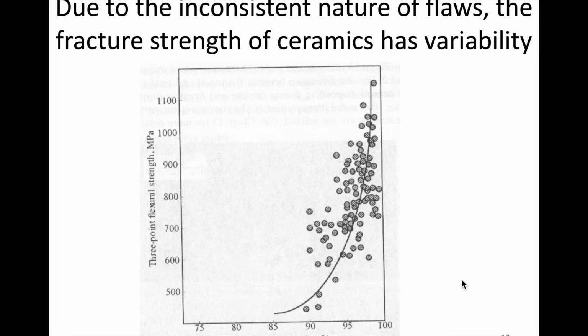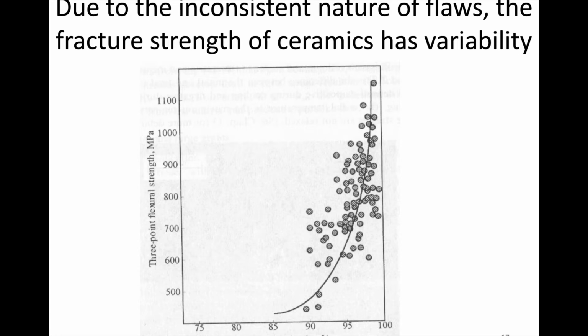As you are probably aware of our materials by now, these are ceramics, these glass rods, and they have a very inconsistent nature, and that's due to the flaws and irregularities within the glass. And so we tend to get variability in the fracture strength.